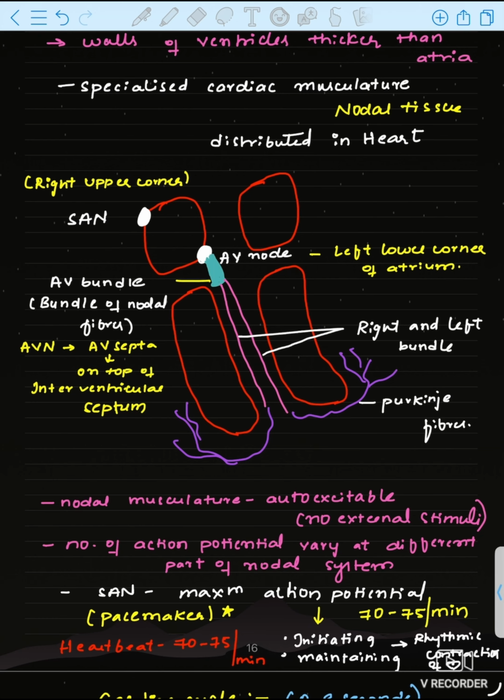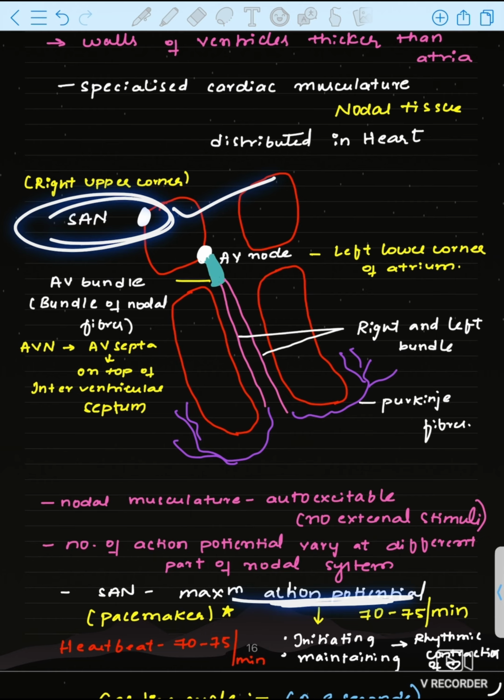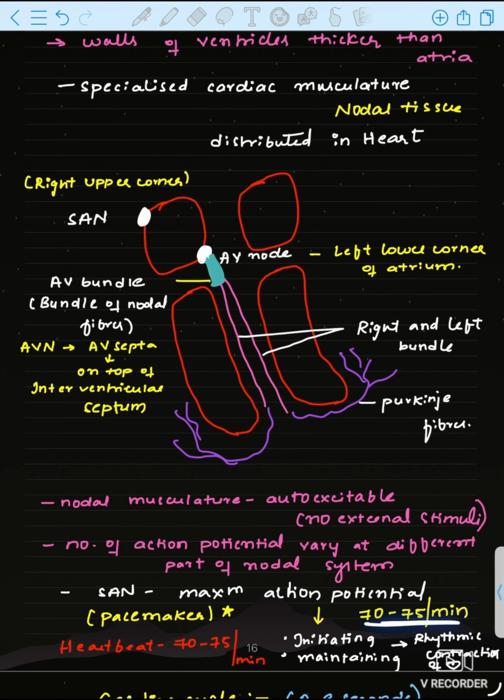Different numbers are produced in different parts, but the maximum number of action potentials is produced by the sinoatrial node, that is 70 to 75 per minute.